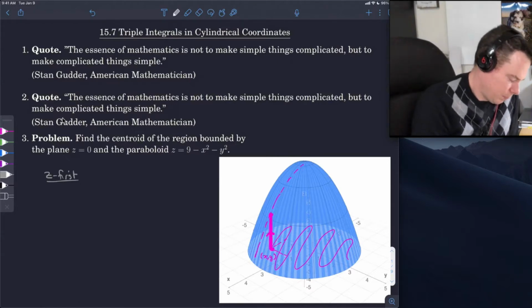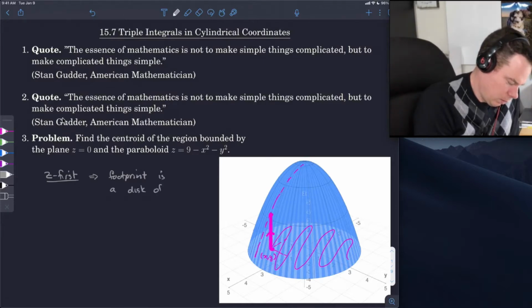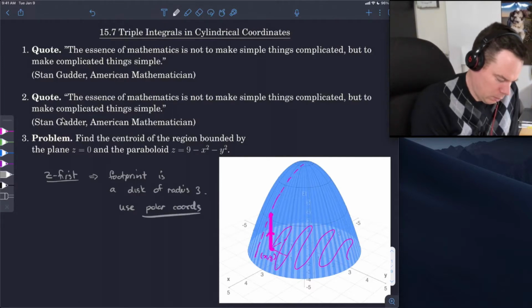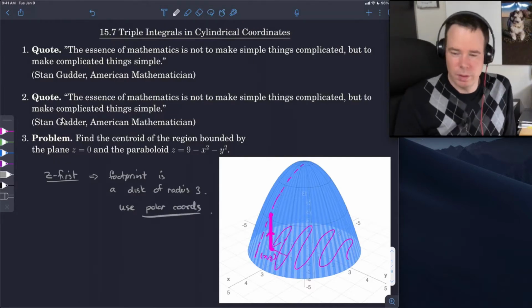So a z first integral would require us to consider a footprint, which is a disk of radius 3 in this case. And so for that we would use polar coordinates. And so there'd be a switch to polar coordinates at some point.